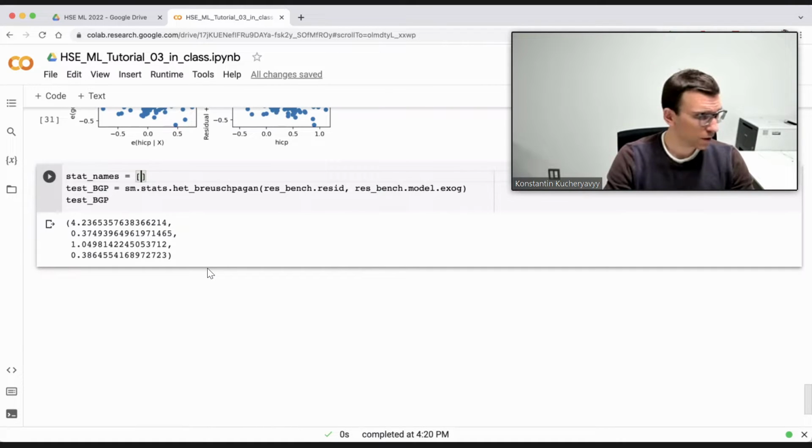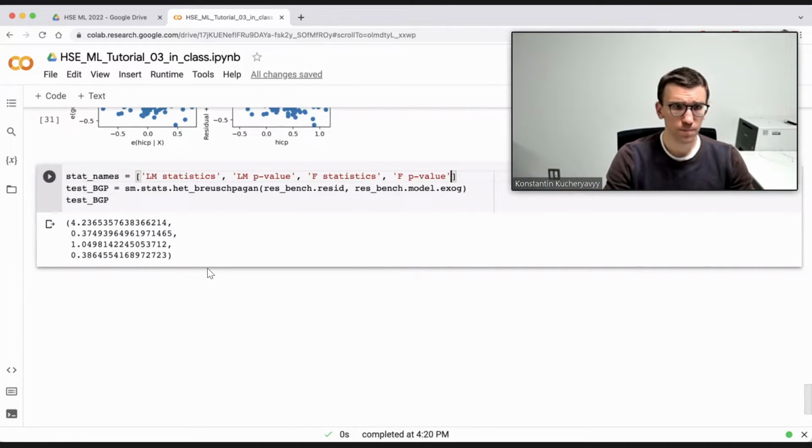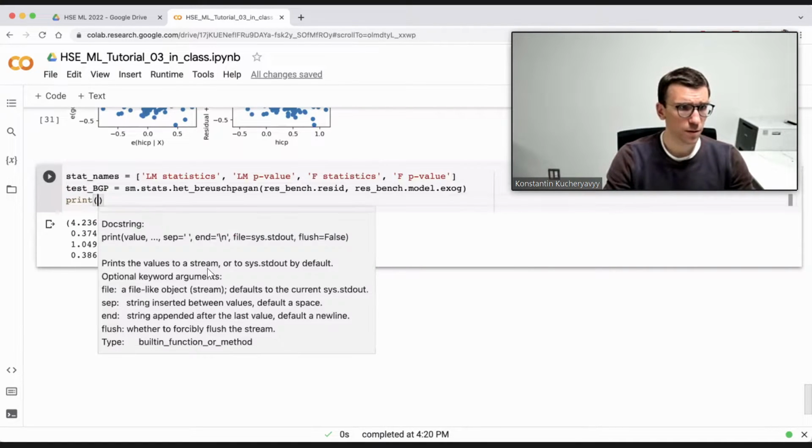These are the first two, and then the F statistic and the F p-value: LM statistic, LM p-value, F statistic, F p-value.